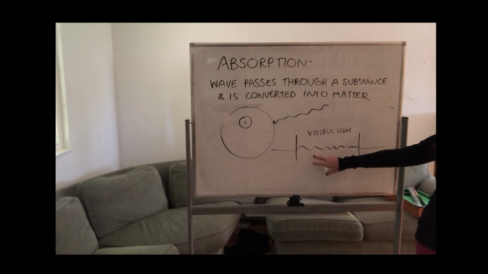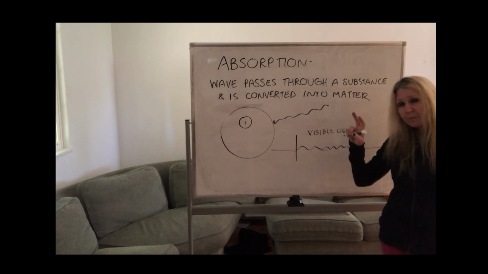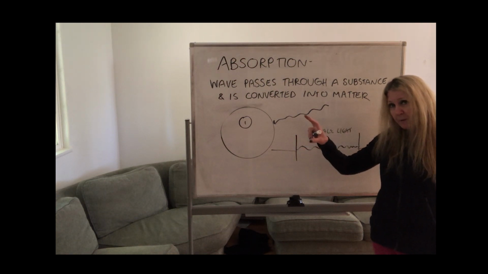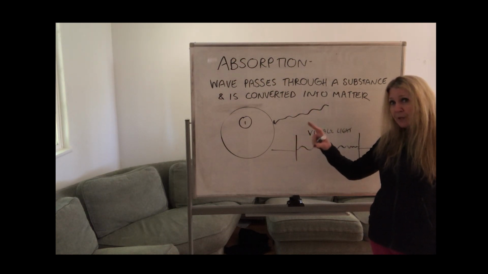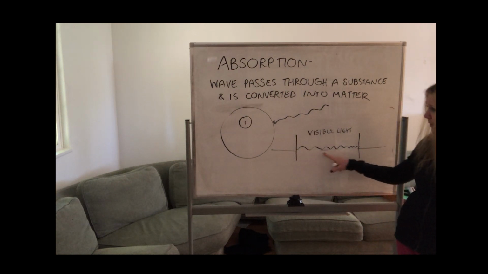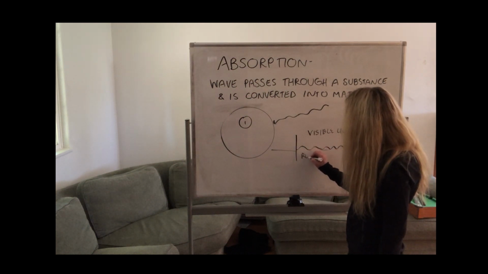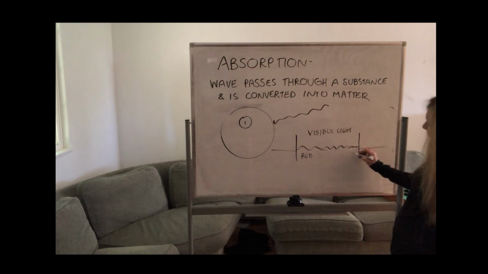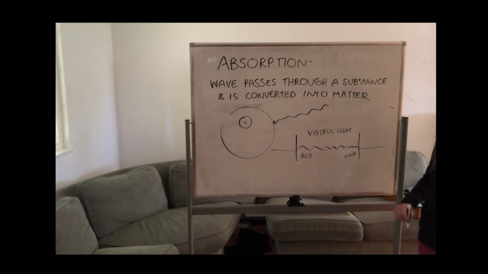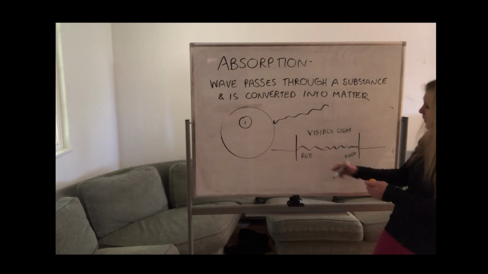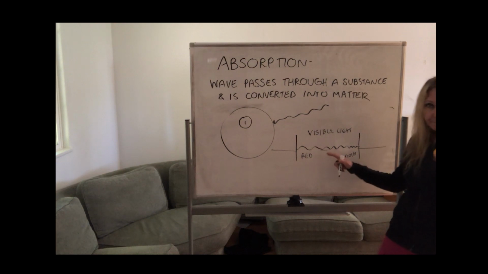So the longer wavelengths are more like red, orange, yellow. So red. The shorter wavelengths are more toward the violet. So the yellow would be around here.